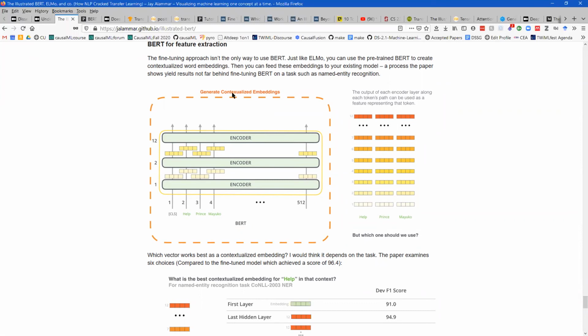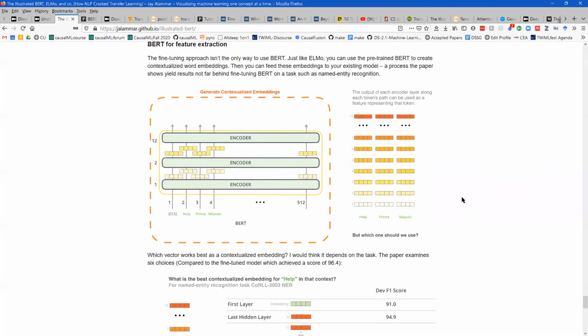Okay, so what is this schematic? Generate contextualized embeddings using BERT, and then take those embeddings and the output of each encoder layer. There are 12 encoder layers, and each one can be used as a feature representing the token. Basically, this is akin to the 2-layer LSTM. Now you have 12 layers, and you can weight them differently depending on the task.